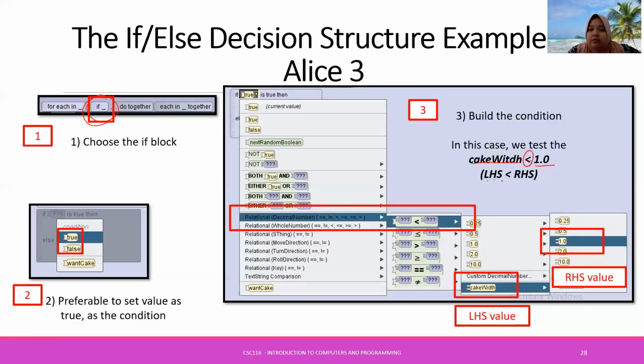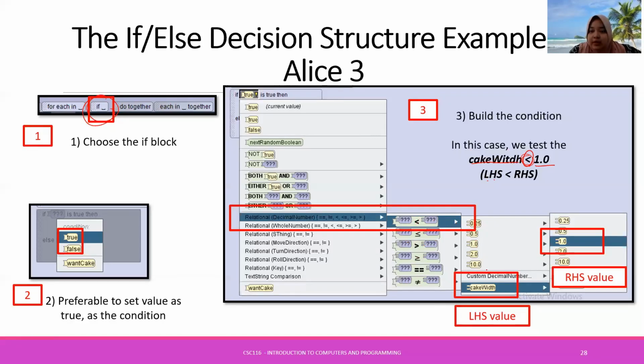Kalau kat sini kita menggunakan less than, itu sebabnya textual storyboard is very important before you create the scene. Okay, so scene yang kita nak buat ni, this one. Kita menggunakan relational less than. So apa yang kita perlu buat, klik dekat sini.